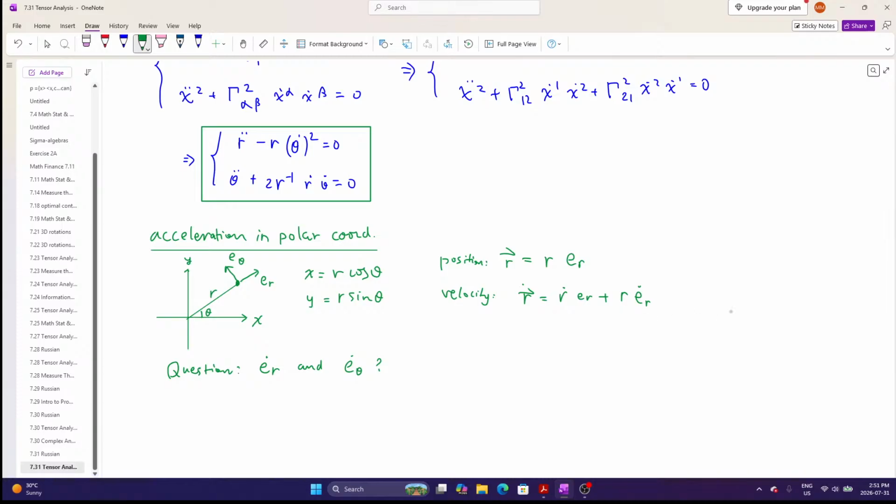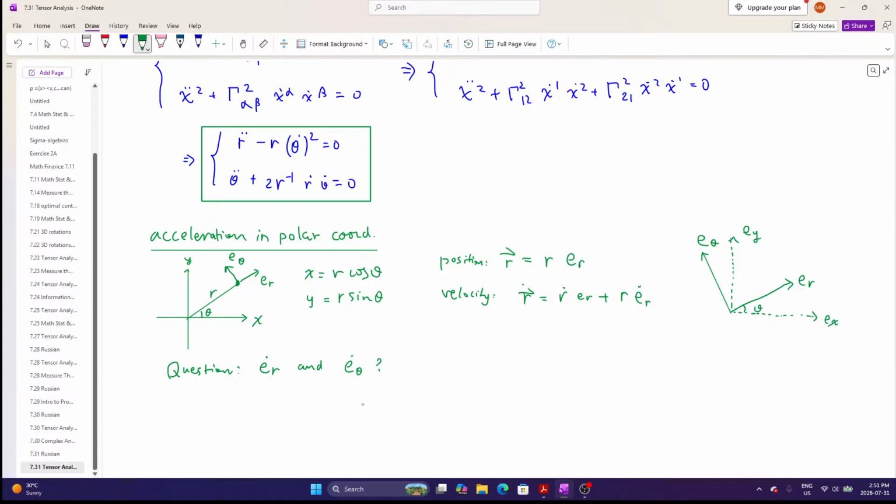So draw the picture. This is e_r, and this is e_theta, and this angle right here is theta. In the vertical direction, you have e_y, and this is e_x. These are all unit vectors.